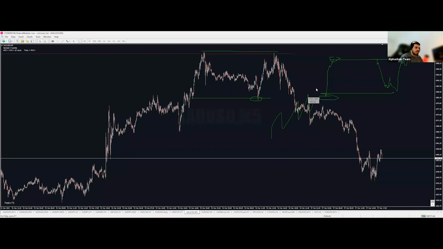If price has been trading like this as a bullish momentum, it created this high. It respected. It looks like maybe there's a supply in here, but if price respects this demand zone, I wouldn't really look for a sell in there at this point, because price is in a bullish momentum.